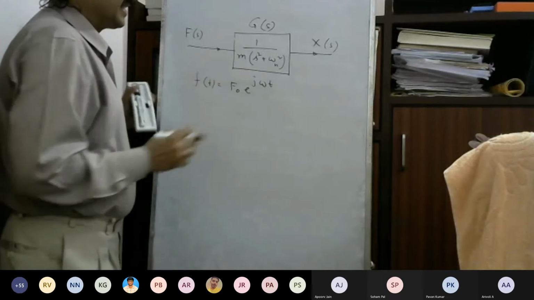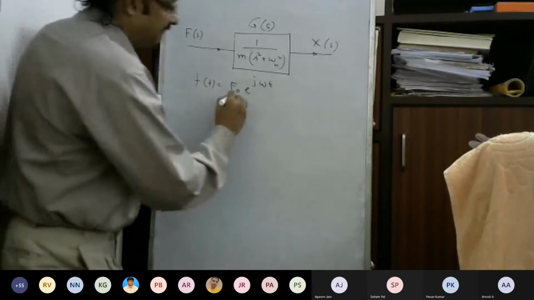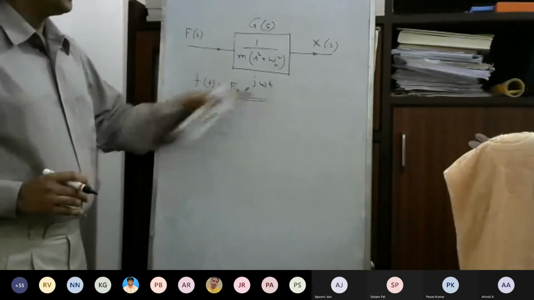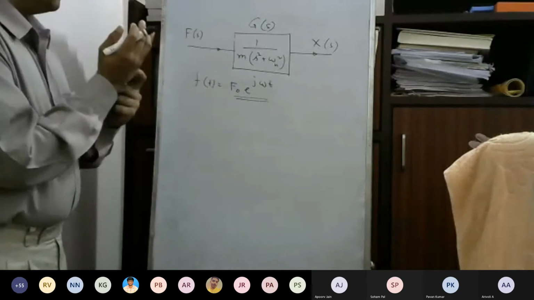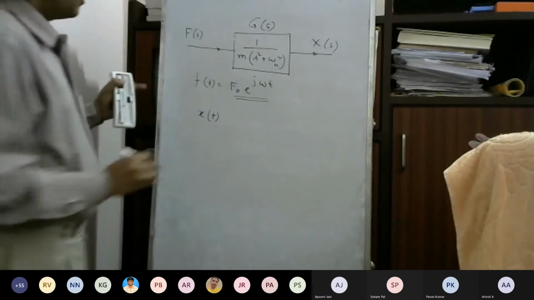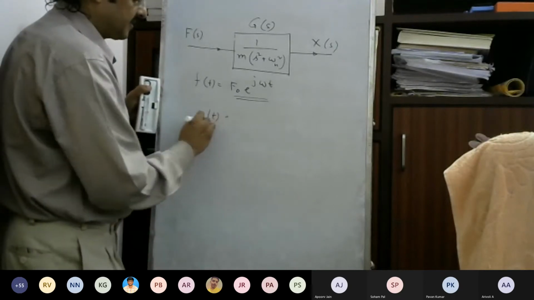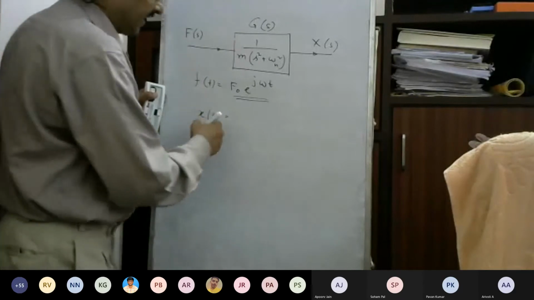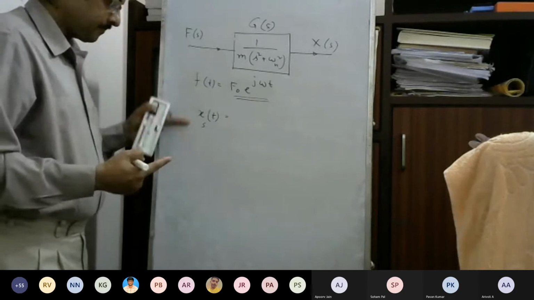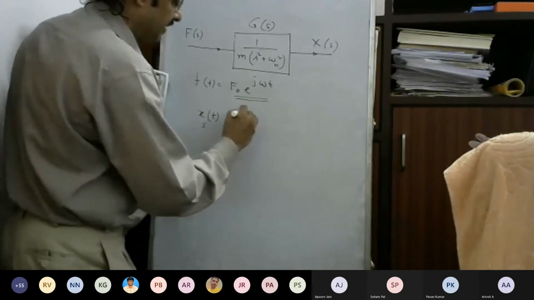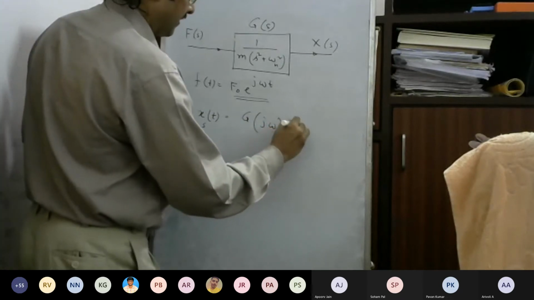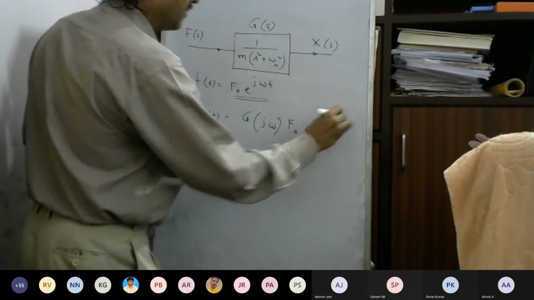Now, this result says that if you have as the input f t equal to f naught e to the power j omega t, then x t, which I will call the steady state, x s s, because I am not considering the initial condition, x s t will be equal to G j omega times f naught e to the power j omega t.